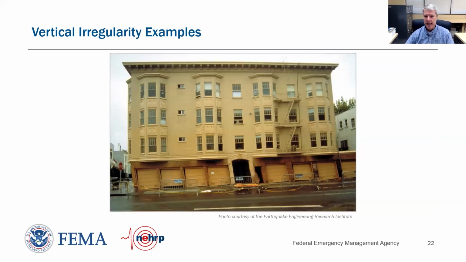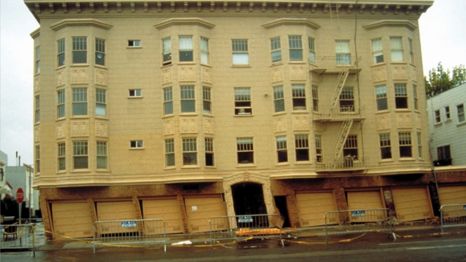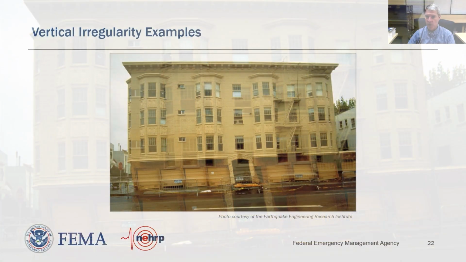Here's another good example of a soft or weak story photograph. So this is from the Loma Prieta earthquake in 1989 in San Francisco in the Marina District. We have a 4-story wood frame apartment building that the 3 stories above are sitting on top of garages. We call them tuck under garages. And so in plane of the garage doors at the first floor, we have a soft or weak story.